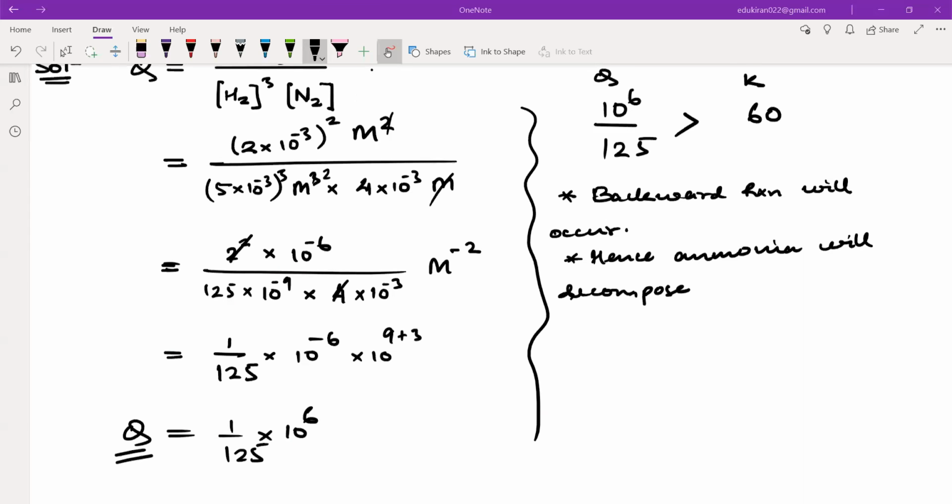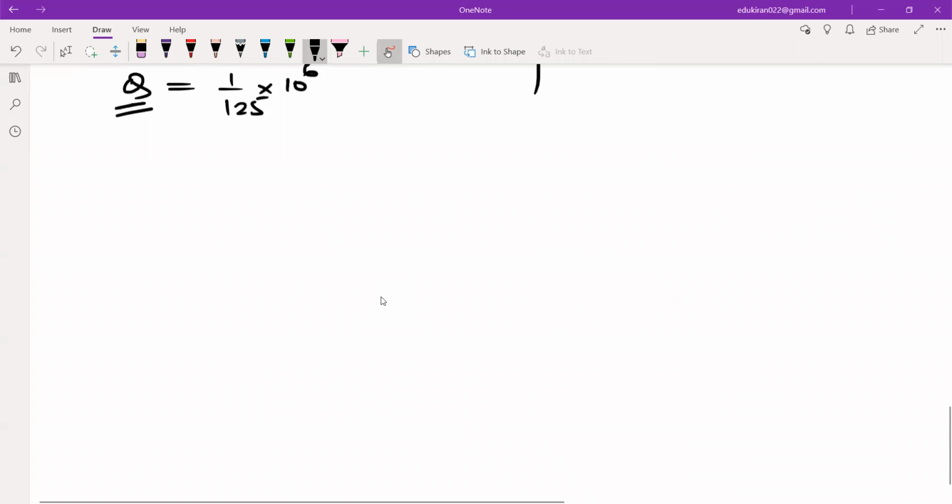Okay. Now we are moving to a more important point, that is calculation of the equilibrium concentration of reactants and products. Before that, let me see if we can do a few more questions. Okay. Now let us write the question.